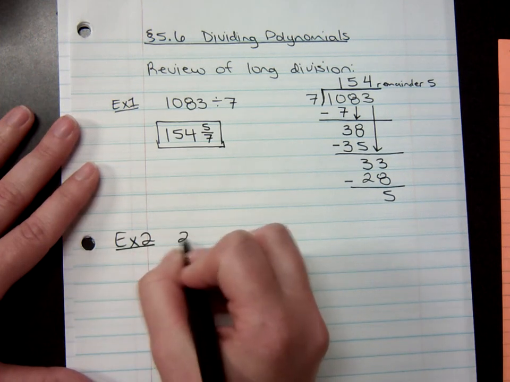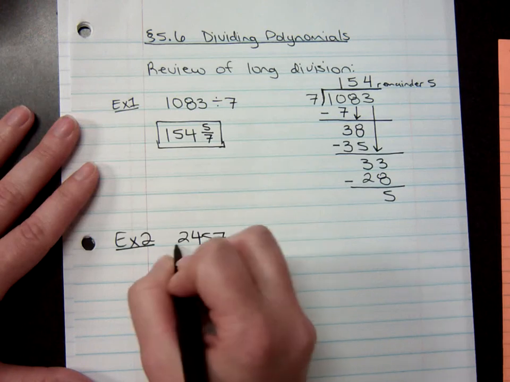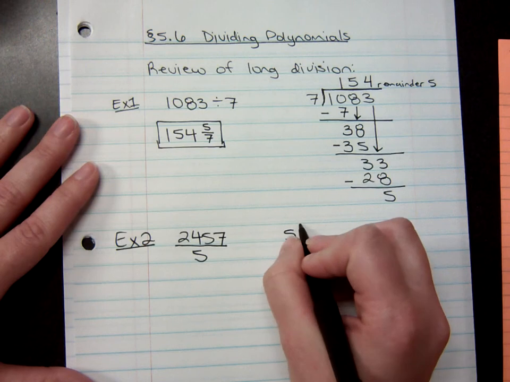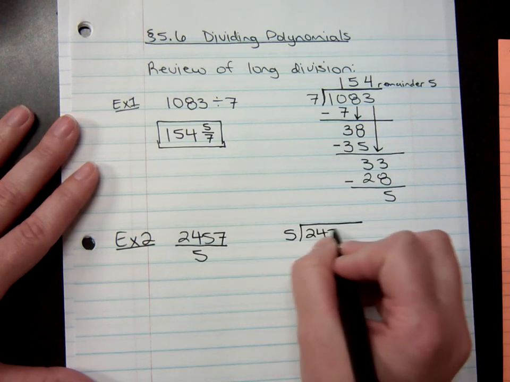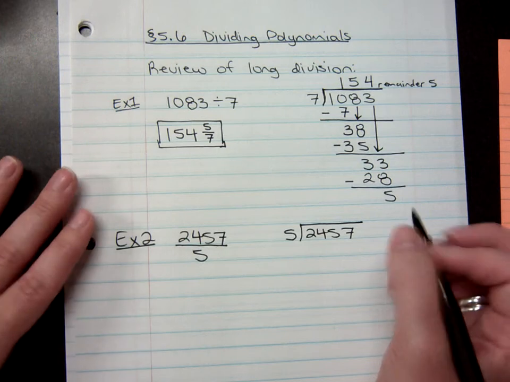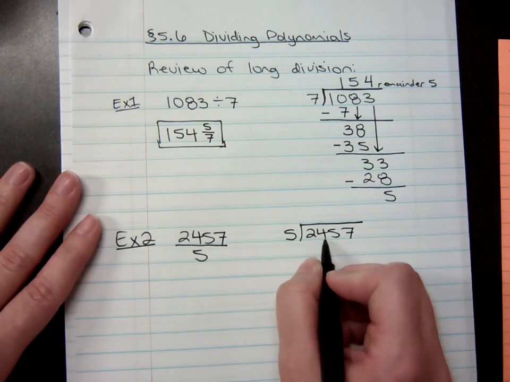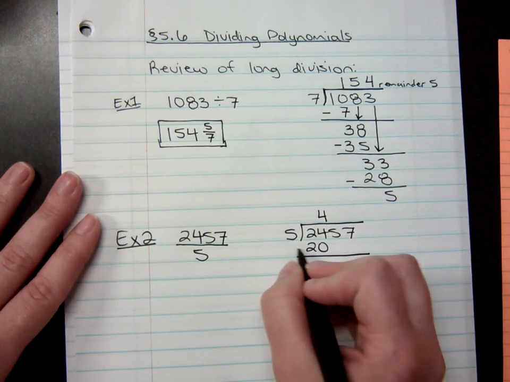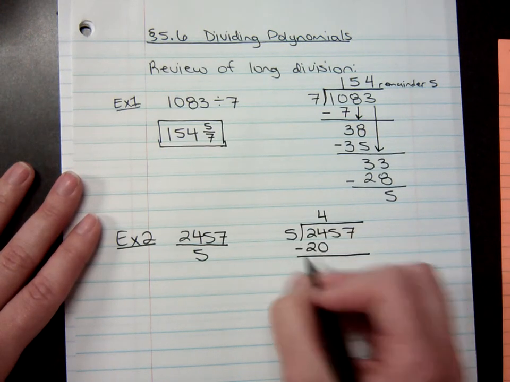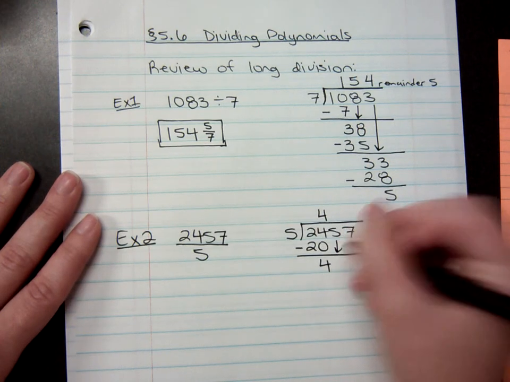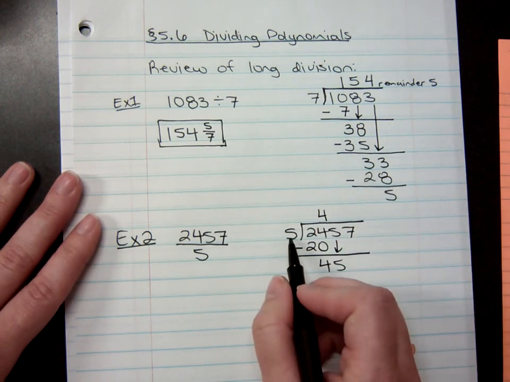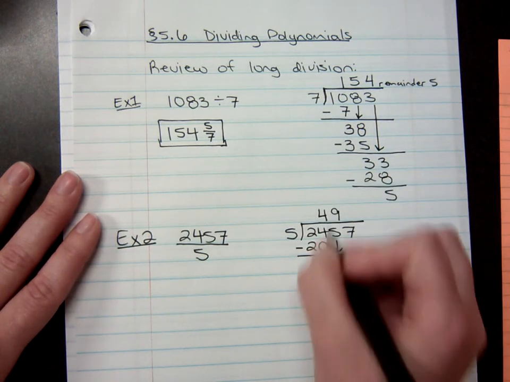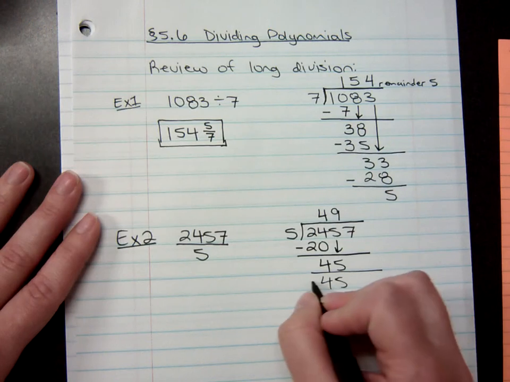If I had 2,457 divided by 5, put 5 on the outside, 2,457 on the inside. I would think, how many times does 5 go into 24? That's 4 times. Multiply down to get 20. 4 times 5 is 20. Subtract. Bring down. How many times does 5 go into 45? 9 times. 9 times 5 is 45.